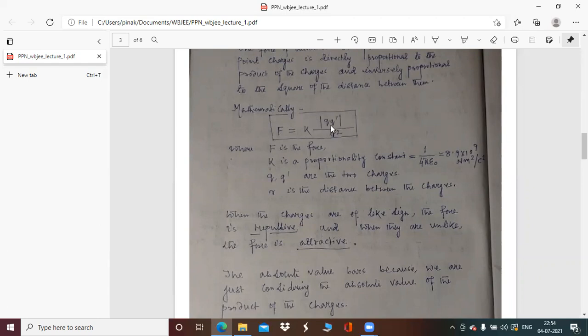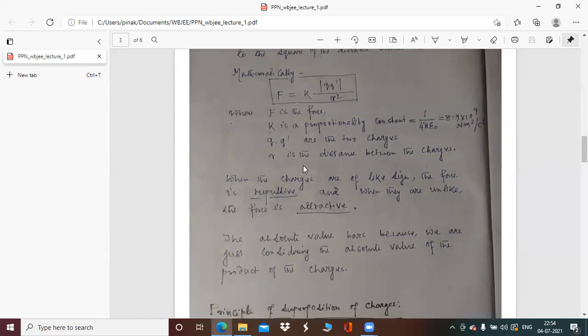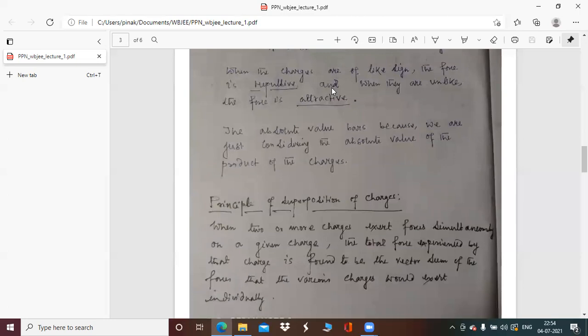Suppose there is a given charge, and we need to find the electrostatic force exerted on this charge due to another charge, then Coulomb's law gives us a means to calculate that force quantitatively. Now the question is, if instead of a single charge, there are two or more charges which are exerting force on a given single charge, then how do we calculate the force?